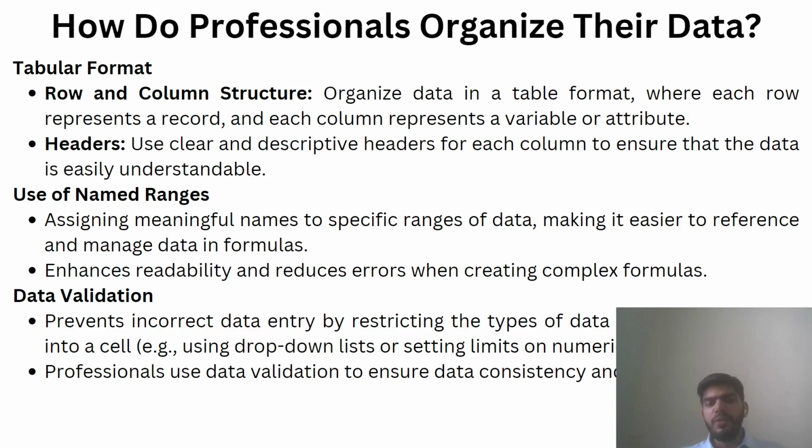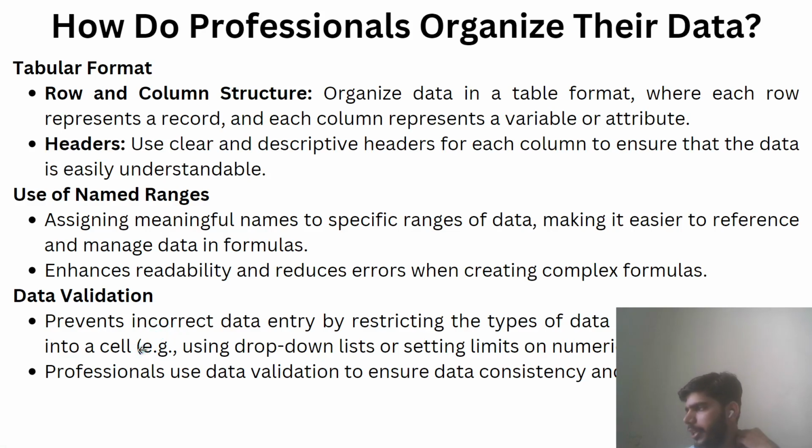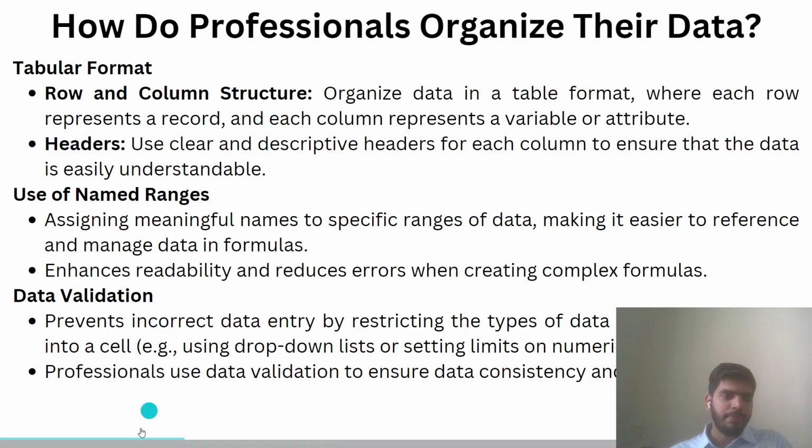Or you can give a drop down list so that they have to choose from it instead of typing it, so typing errors would be reduced. Professionals use data validation to ensure data consistency and accuracy. Data validation is very, very important in today's era, especially when the value of data has increased so much.